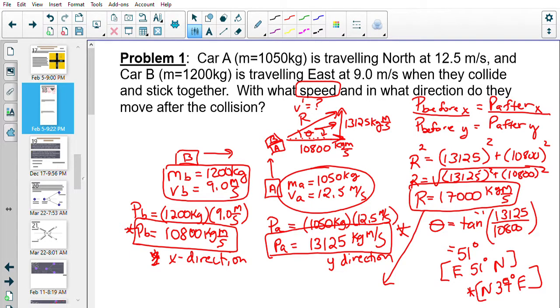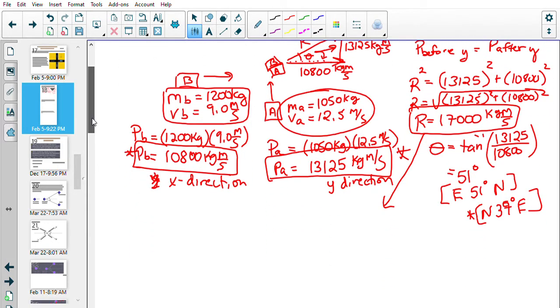So we need to take one last step and divide that by the mass of both objects to get V prime. You take P prime and divide by M. So the P prime is 17,000 kilogram meters per second.